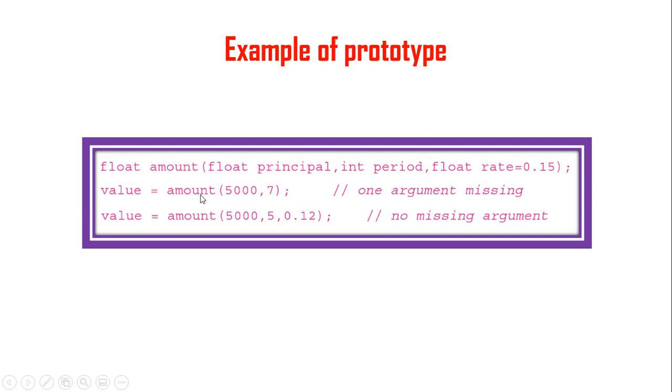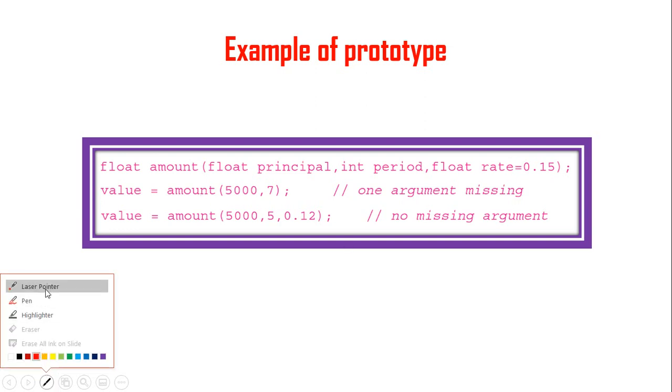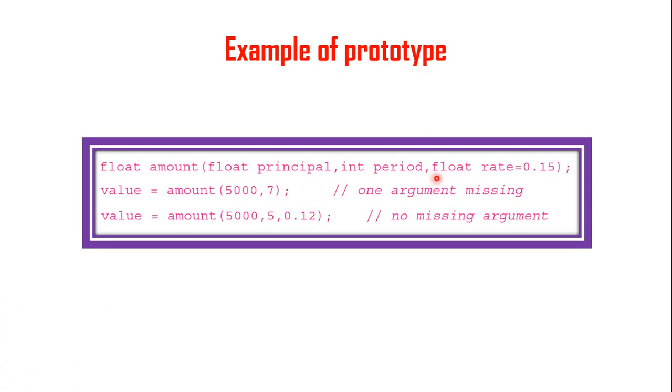But still the function will work because we are using a default argument here: float rate equal to 0.15. So when you send this, the 5000 will go to the principal amount, and 7 will go to the duration, maybe 7 years, and rate of interest will be 0.15 by default.